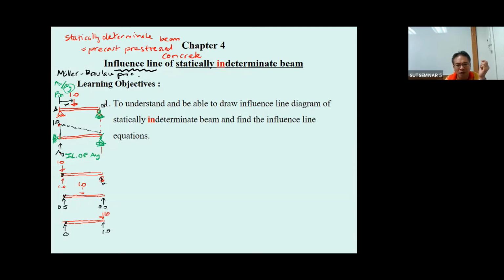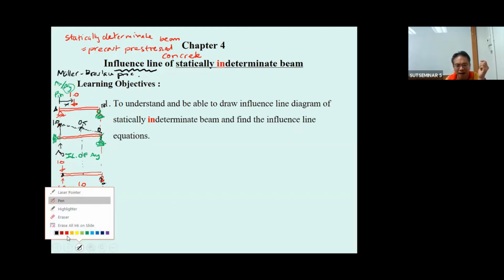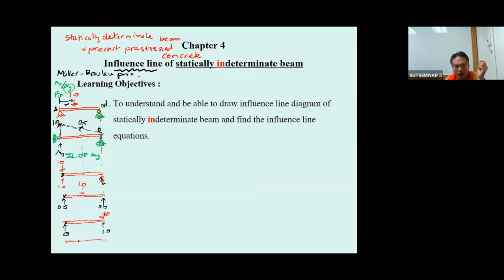What we plot over here is the reaction that occurs when the load changes. For example, when the load is here, the coordinate here is 1.0. When the load is here, the reaction here is 0.5. And when the load is here, the reaction here is 0. Similarly, if you draw this for the B sub y, what do you do?